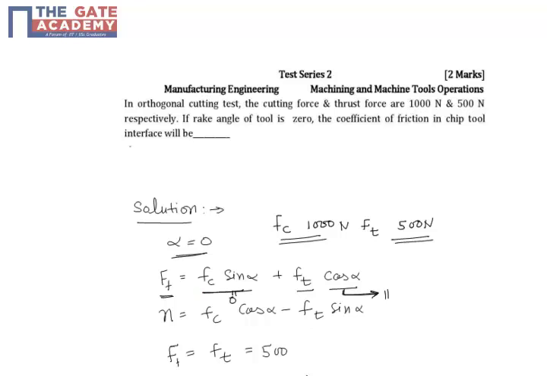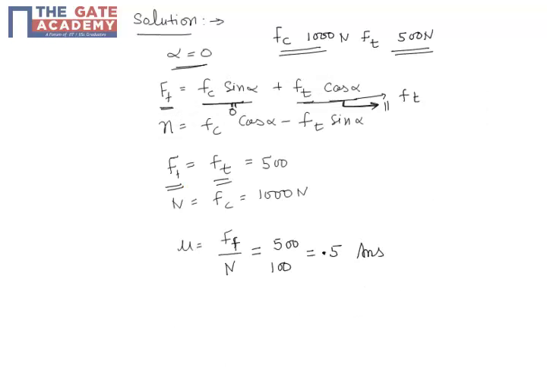So that term is equal to 0, and Ff is equal to Ft. In this question that is equal to 500 Newton, as given. So your frictional force is equal to your thrust force, 500 Newton.